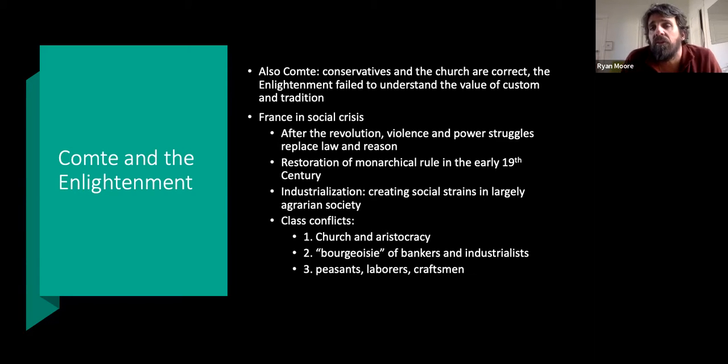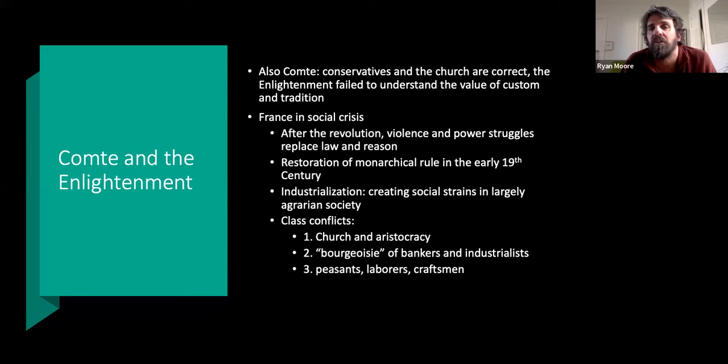And Comte is seeing that industrialization, while it certainly has its benefits as a productive economic system, also has some major drawbacks in terms of tearing up the social fabric. And so Comte, he certainly was no Marxist.